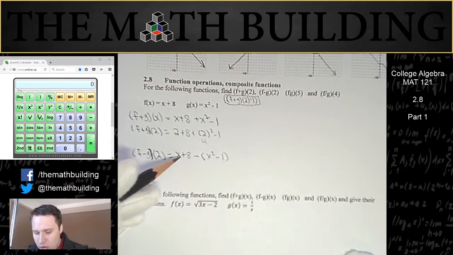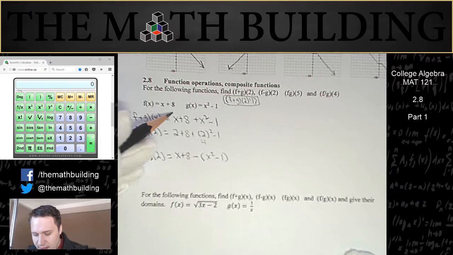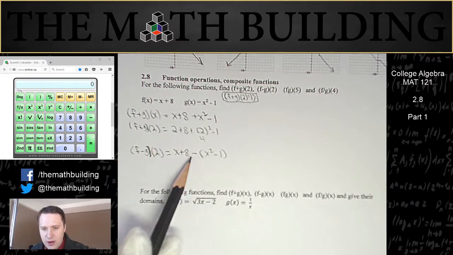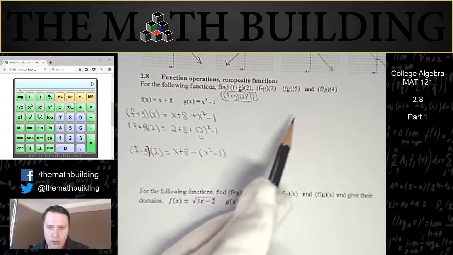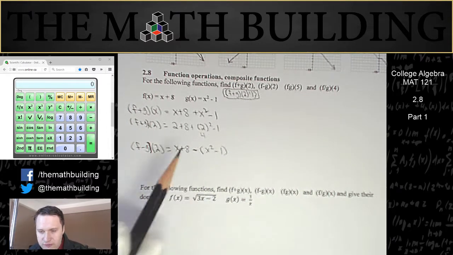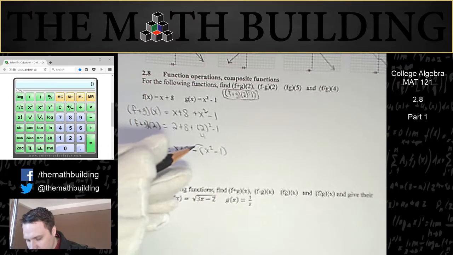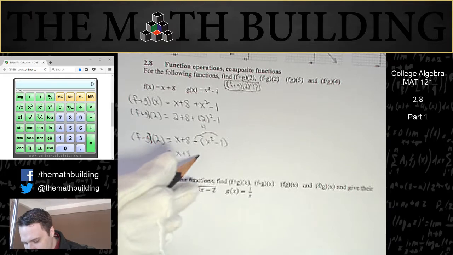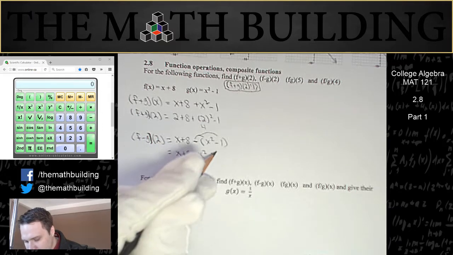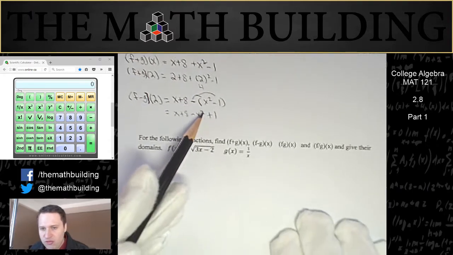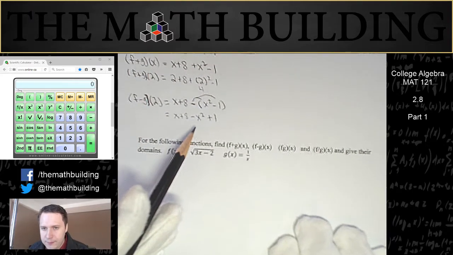So if anything, I should have put this in parentheses as well, and parentheses here and here. But those parentheses don't really matter unless you're subtracting or multiplying. So when you're minusing, you need to minus all of the second function. So we distribute that negative sign. So we get x plus 8 minus x squared plus 1. A lot of people only do the minus for the x squared, and then they end up getting it wrong.